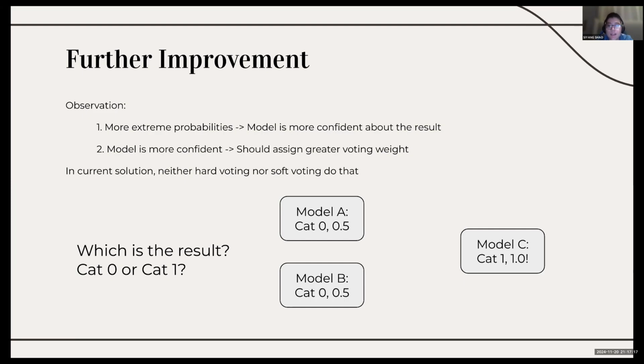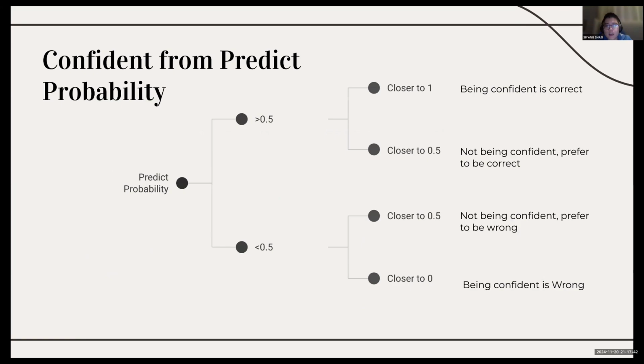Model C predicted category 1, which is 100% sure. Then, which is the result, 0 or 1? In both hard voting and soft voting, which we explained before, it is category 0. However, it is more likely to be category 1, since model C is 100% sure, while A and B are unsure. This is the main idea of confidence from the predicted probability.